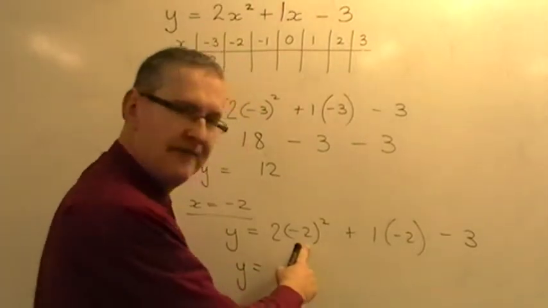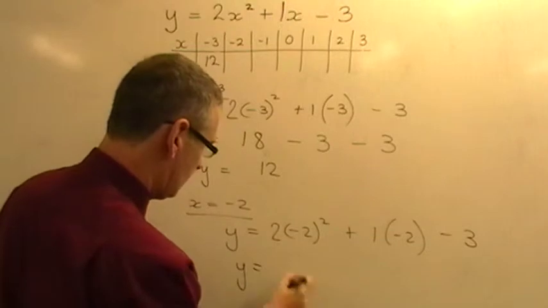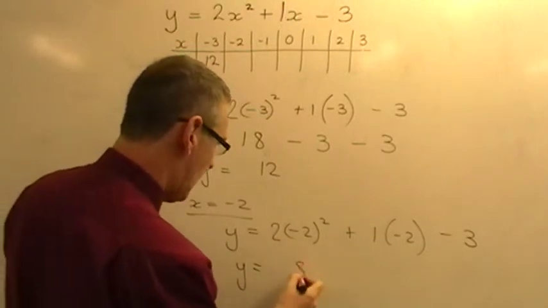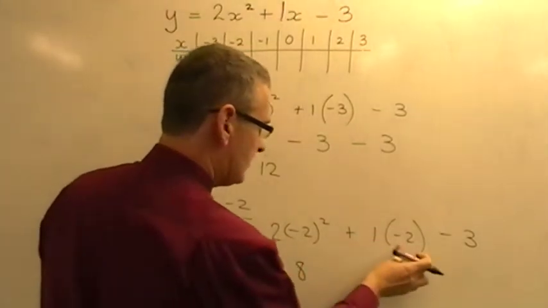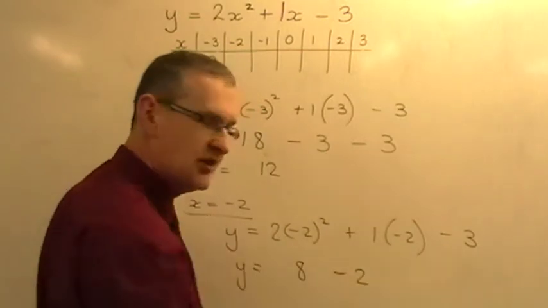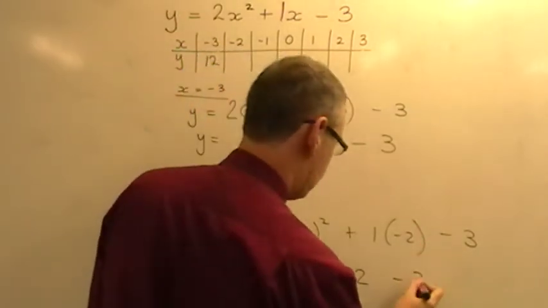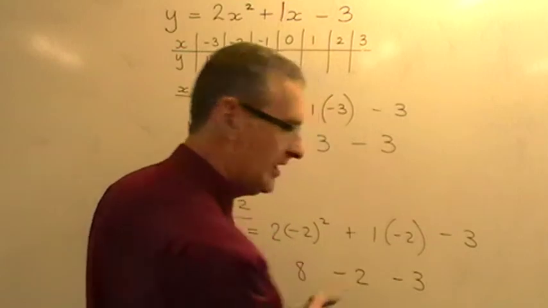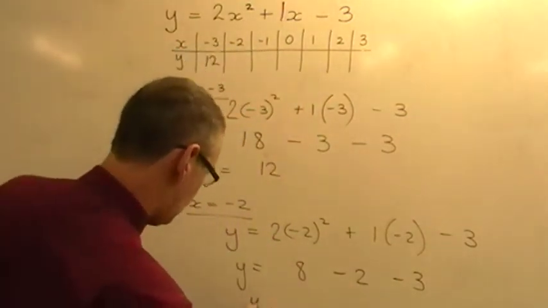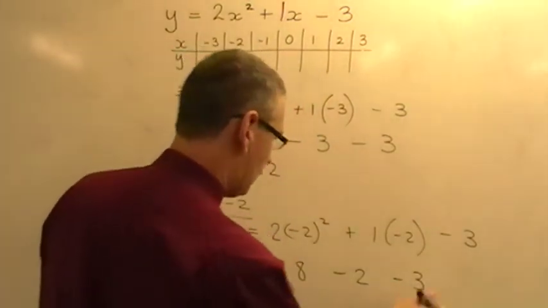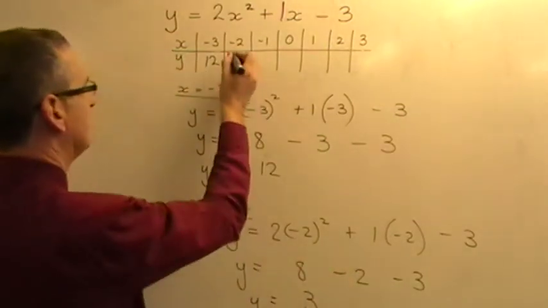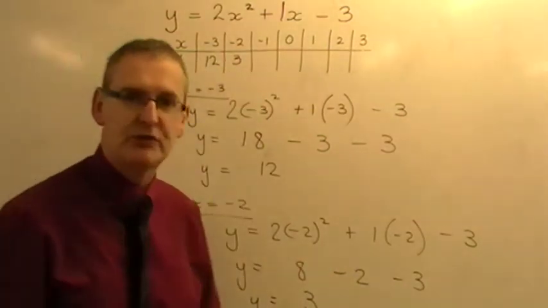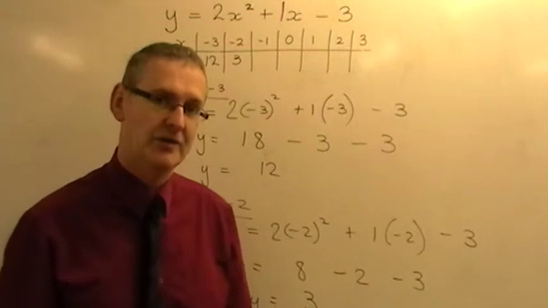If you square it, you get 4. Double it, 2 times the 4, you get 8. Plus 1 times minus 2. That's minus 2. And then take away 3. Remember, a plus times a minus is a minus. So you end up with y equals 8, take 2, take 3. That gives you an answer of 3. That goes in there.